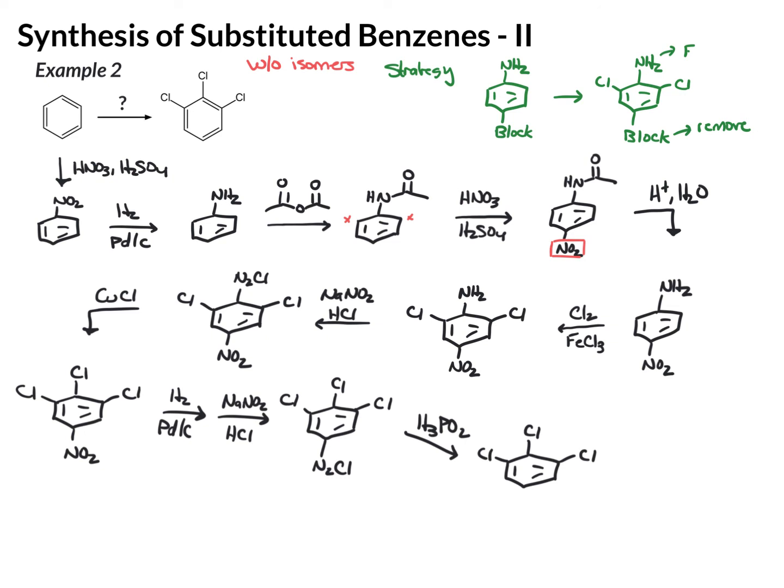So frequently using this amide group to block the ortho positions to install something down here, frequently using this nitro as a temporary block that in the end you just remove, or you could convert to something else depending on what you want. So with this, don't let the overall number of steps intimidate you. Just practice several examples, and this is something that I find most people get the hang of pretty quickly.